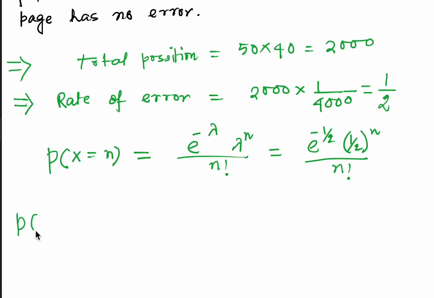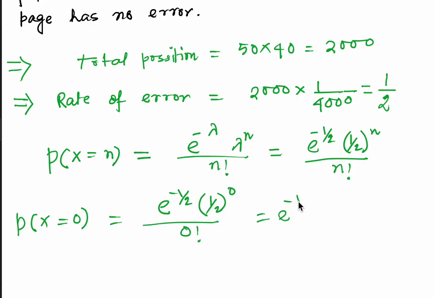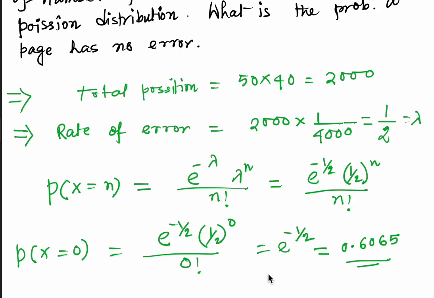We have to calculate P of X equal to 0, which is e to the power minus half, half to the power 0 by 0 factorial, which is e to the power minus half. That is approximately 0.6065. So this is the answer to question 2. That's it. Now let's move toward question number 3.